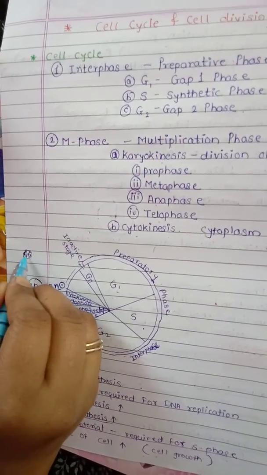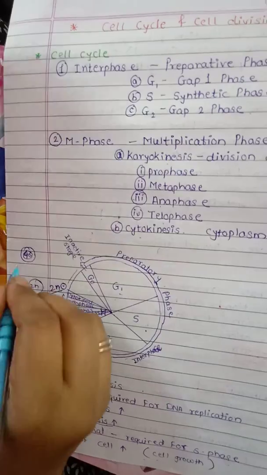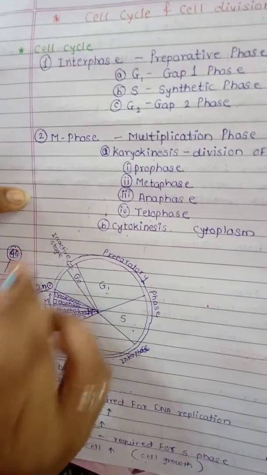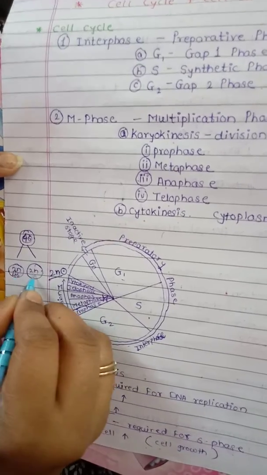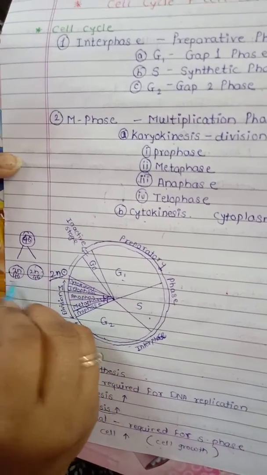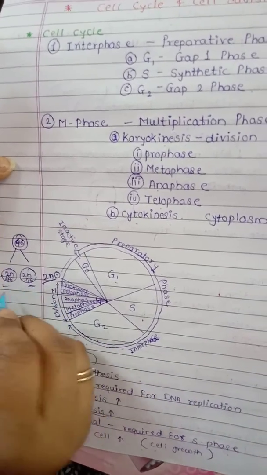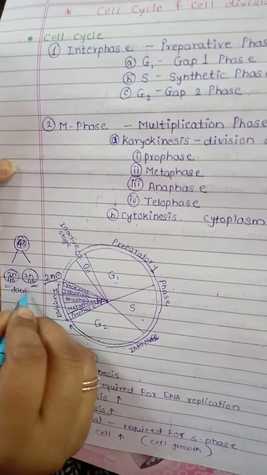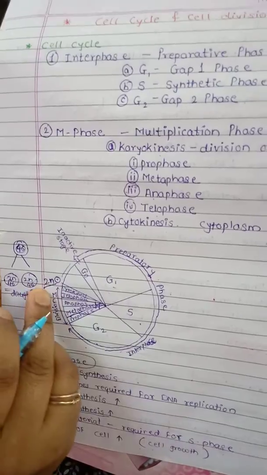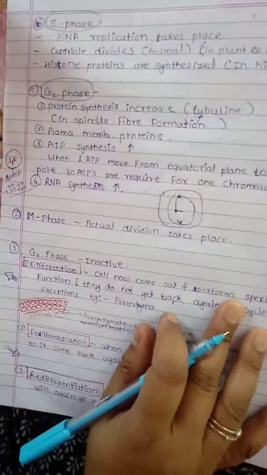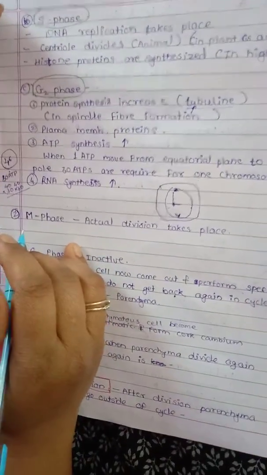Here there are 46 chromosomes in one cell, so these are parental chromosomes, and they are divided into 46 and 46. These are 2n daughter cells. So this 46 and this 46 into 30 and 30 ATPs are required for synthesis.